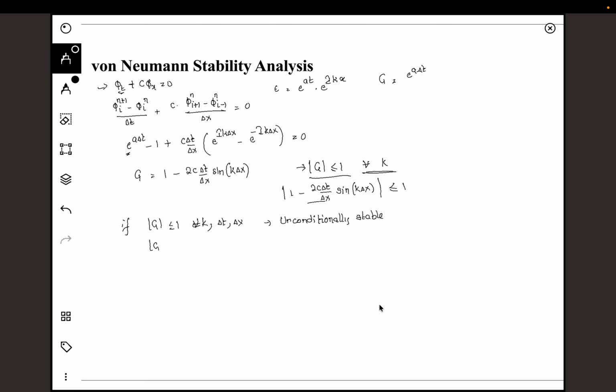You can have mod g greater than 1 for all values of k, delta t, delta x, or even for at least one k and all delta t, delta x. Then you call that particular algorithm unconditionally unstable.